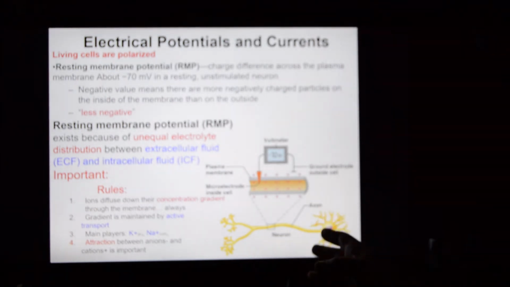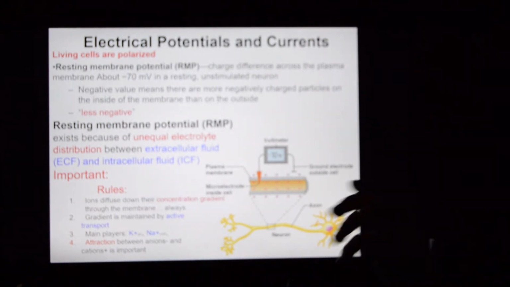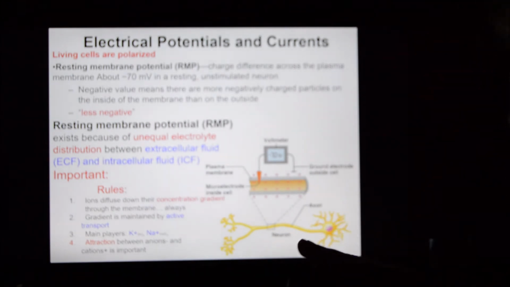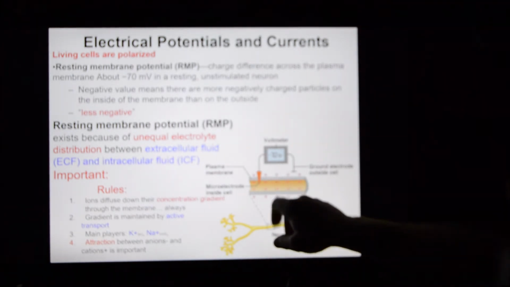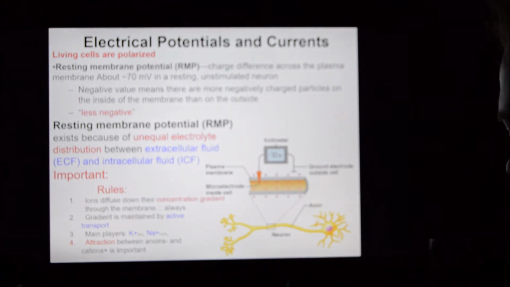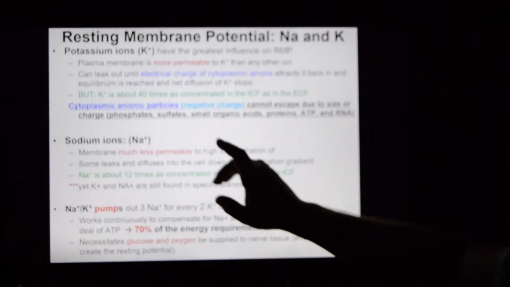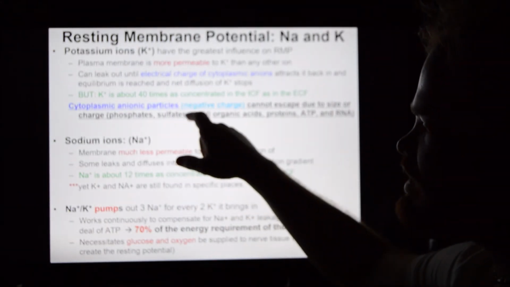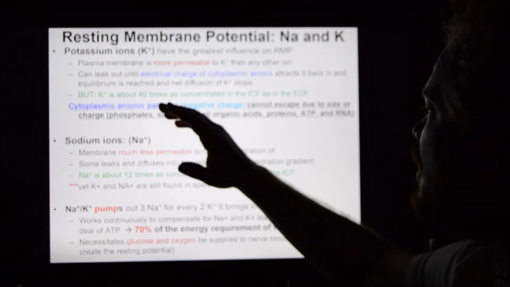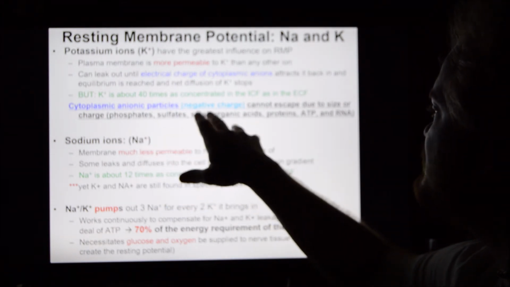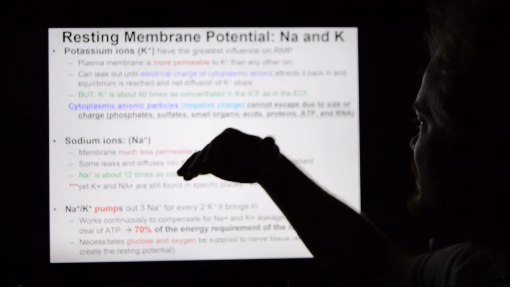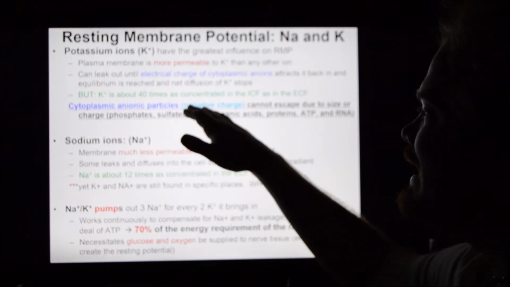You have a charge on neurons based off of the presence of sodium and potassium in opposition to one another, of about negative 70 millivolts on a given neuron. That's at rest, negative 70. Now the main reason for this is because inside of a neuron, all the big proteins, all these big organic acids and things are quite negatively charged.